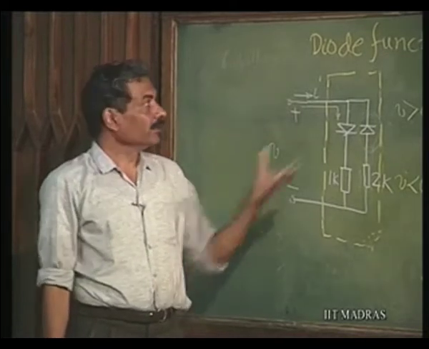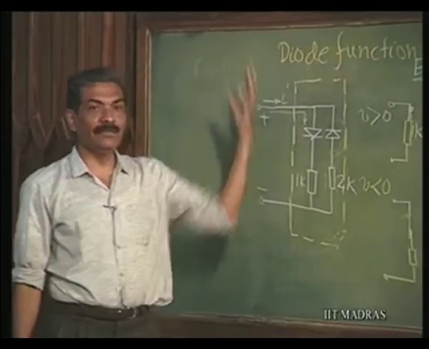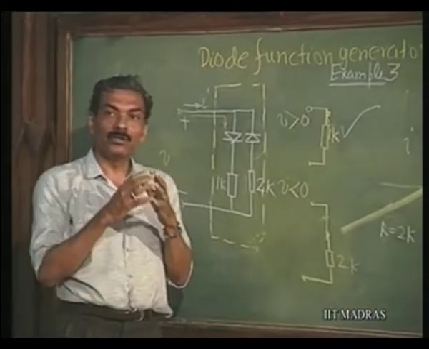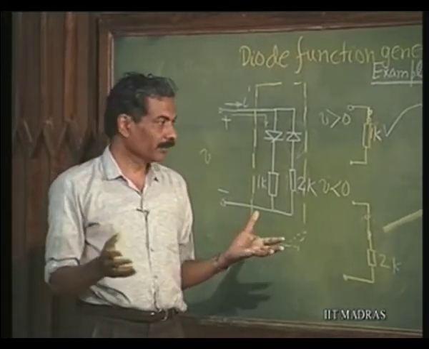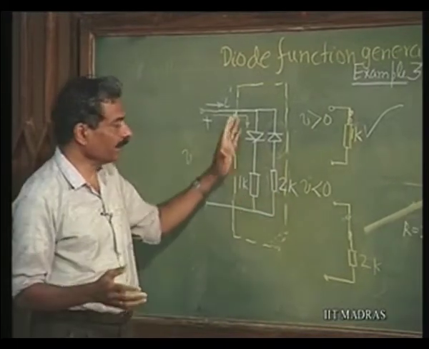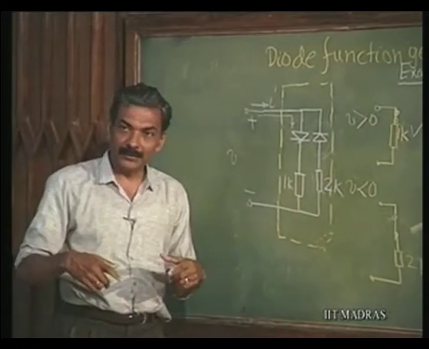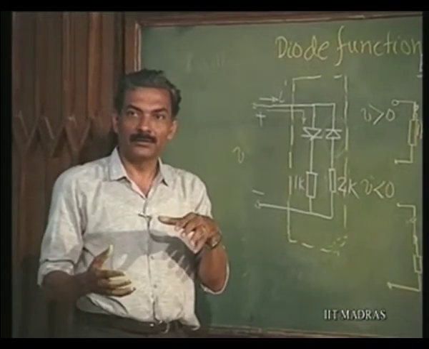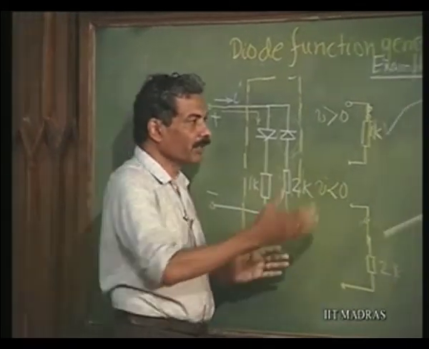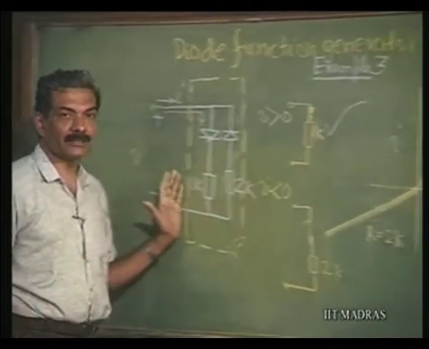Okay. This kind of thing is invariably used in all nonlinear function generations in analog signal processing. So, the basis of this is very simple. You bring in a diode with the series resistance at the required region you want. Therefore, the slope keeps on changing depending upon the resistance you bring in.